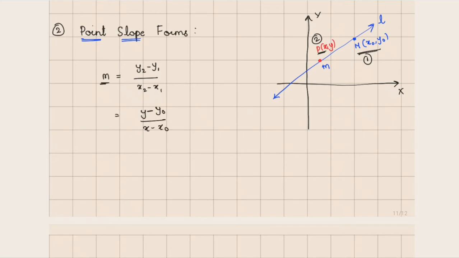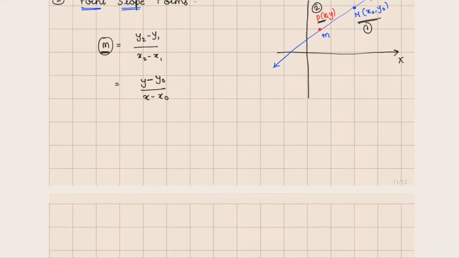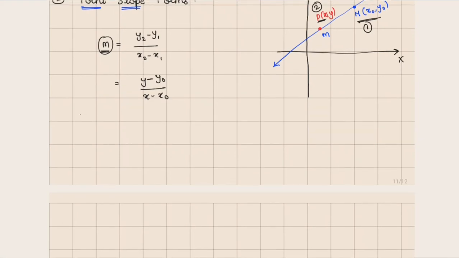Here we know the slope, and we know y0 and x0. The variables are only y and x. So we get an algebraic equation in x comma y, which is the equation of the line. That implies y minus y0 equal to the slope m into x minus x0.